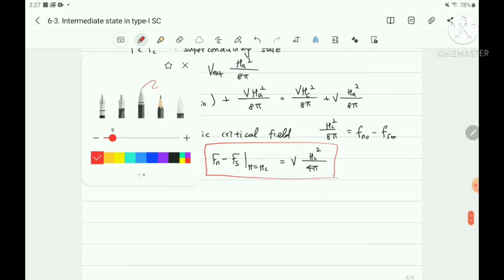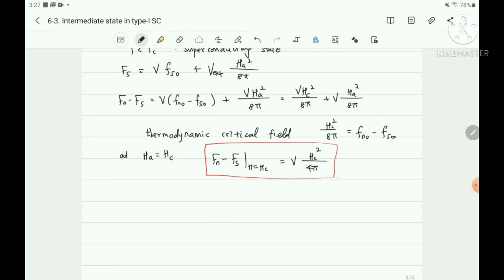Therefore, we can say that why the superconducting state is energetically favorable is that the free energy of the superconducting state is energetically more favorable, and it is positive, and it means that the superconducting state free energy is lower than the normal state, and there is an energy gap between the normal state and the superconducting state.